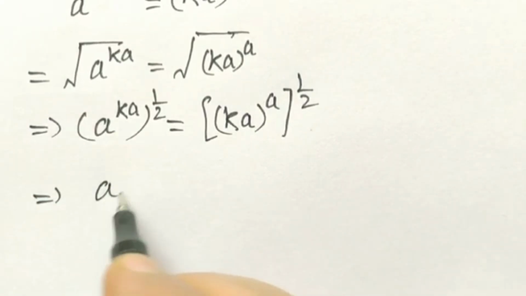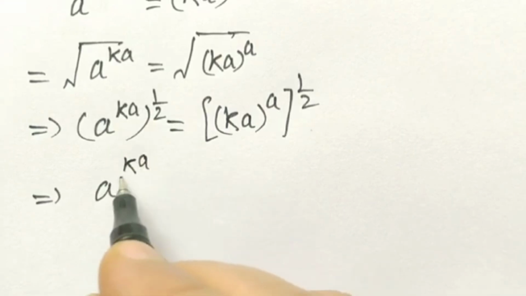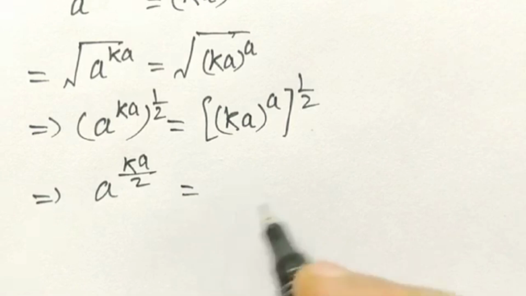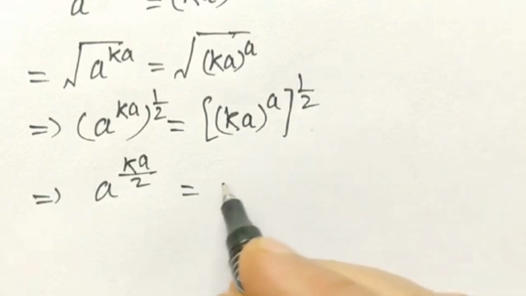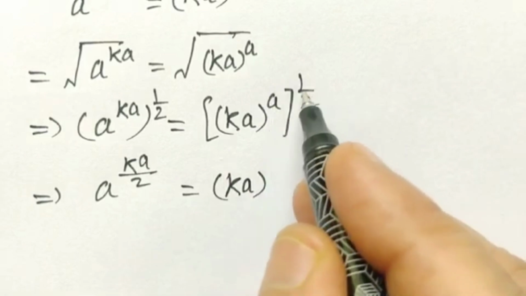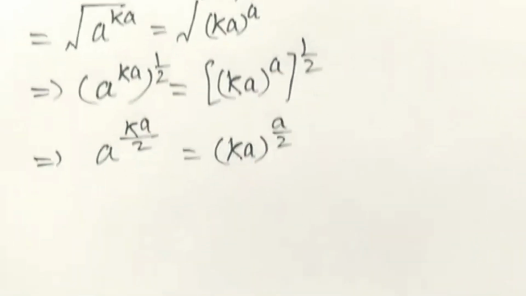So this can be written as a to the power ka over 2, is equal to, the same way, ka to the power a into half, a by 2.